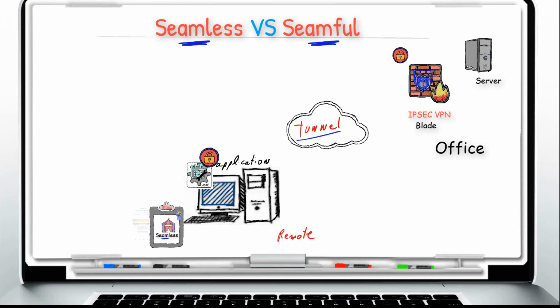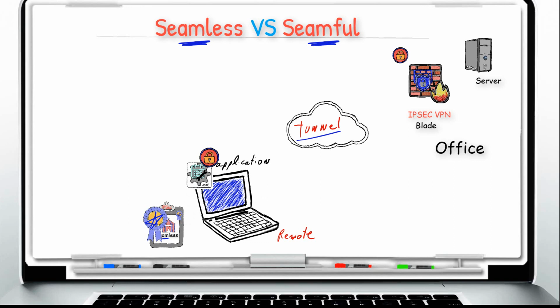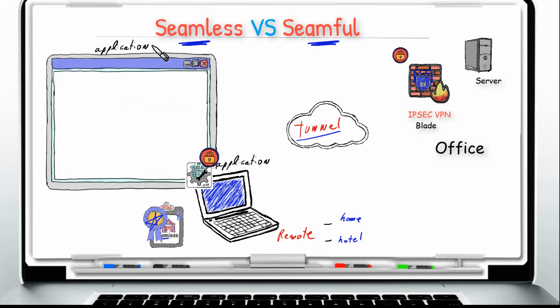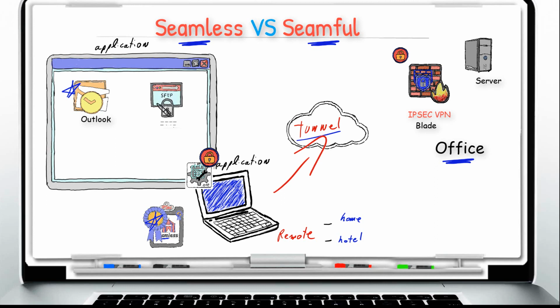And this, I think, is the second biggest selling point for IPsec VPN: you can use all applications just like you are in the office. In fact, when traveling with my laptop, at home or on the road, I can access all my daily corporate applications and servers just like I was back at the office. For example, I can open Outlook and send and receive emails just like I am in the office. I can seamlessly connect to SFTP servers with my SFTP client application.